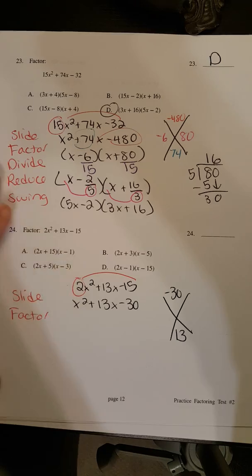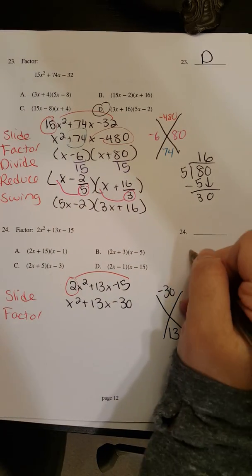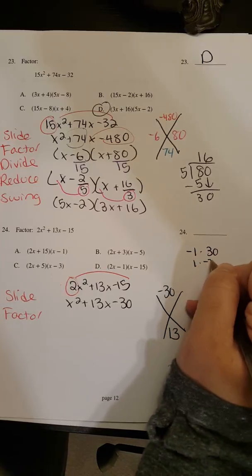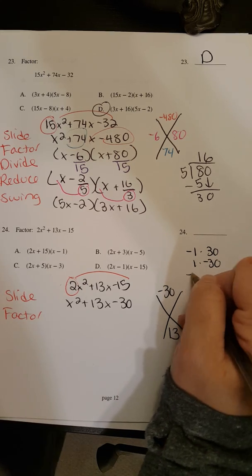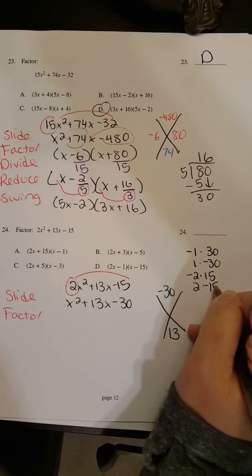So if we look at this, since they multiply to give me a negative, that means one's negative, one's positive. So I could have negative 1 times 30, 1 times negative 30. Those don't add up to give me 13 though. I could have negative 2 and 15, 2 and negative 15.